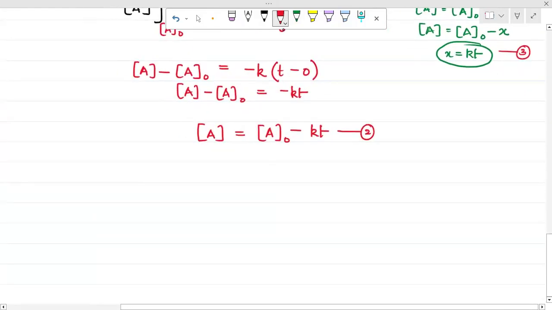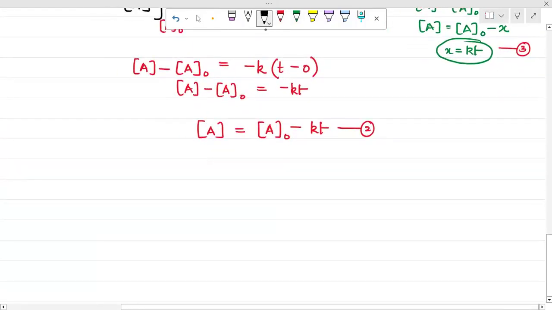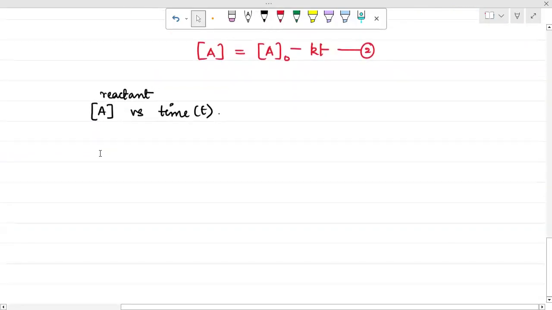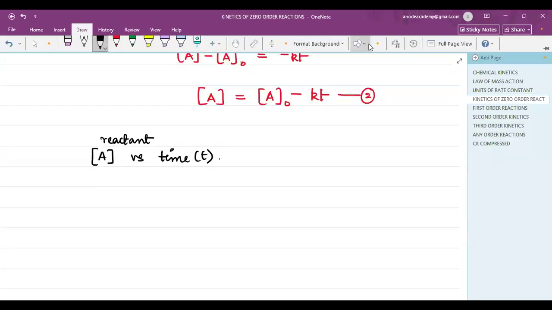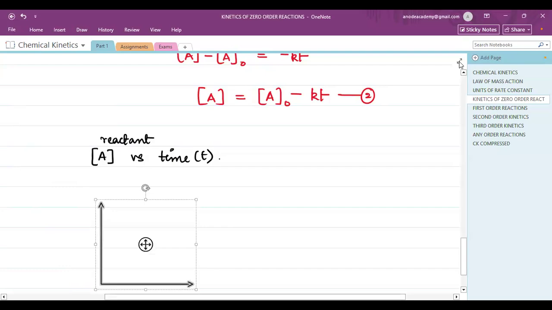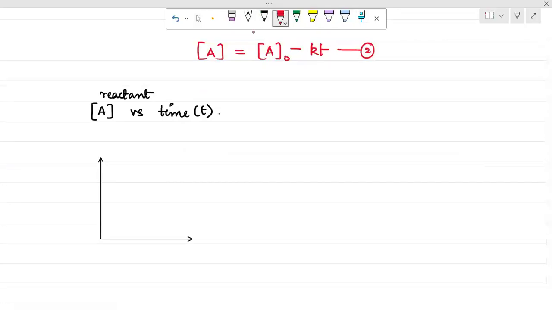Let's draw a graph. Let's say I want concentration of A, which is the reactant, versus time. So this is our equation.